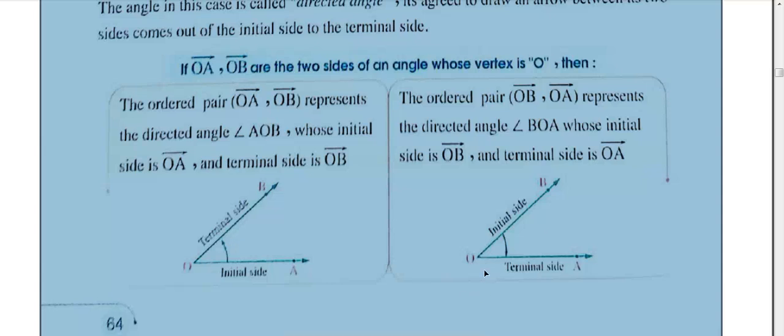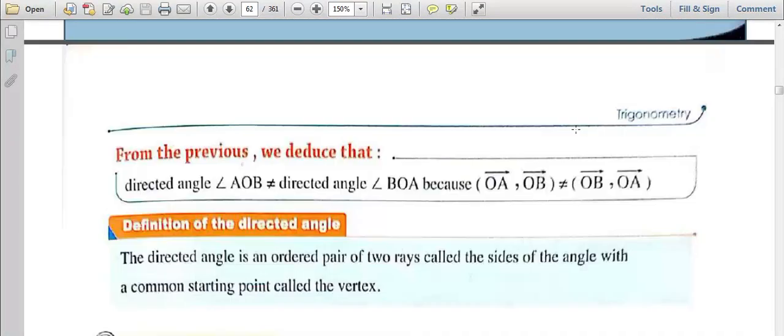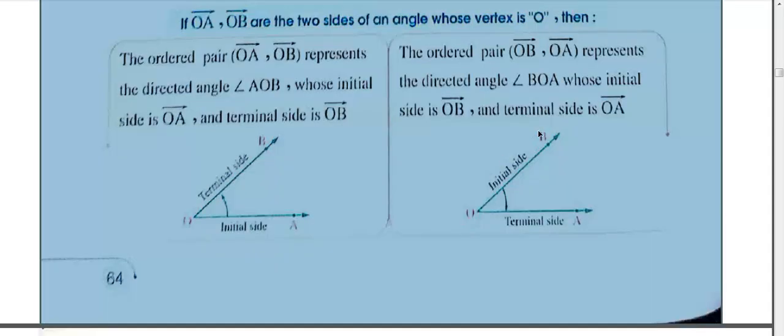And another figure of this angle AOB, directed in the order OB and OA. You write the first projection OB, so OB will be the initial side and OA the terminal side. Again, look here at OA and OB.